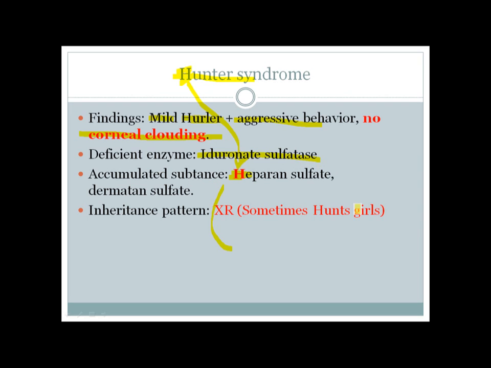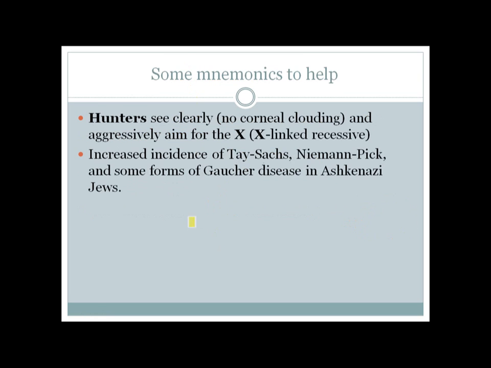And very importantly, Hunter syndrome is another disease which also has an X-linked recessive pattern of inheritance. Okay, so you can remember it. In case of Hunter syndrome, the hunters sometimes hunt girls, and girls have X chromosomes, so X-linked recessive inheritance.